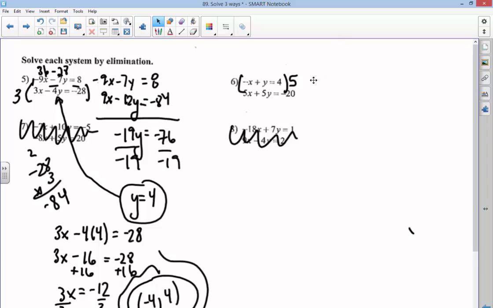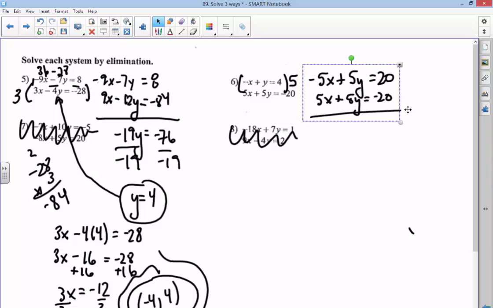So the new top equation is negative 5x plus 5y equals 20. And the bottom equation, 5x plus 5y equals negative 20. When you add, the x's cancel, so 10y equals 0.